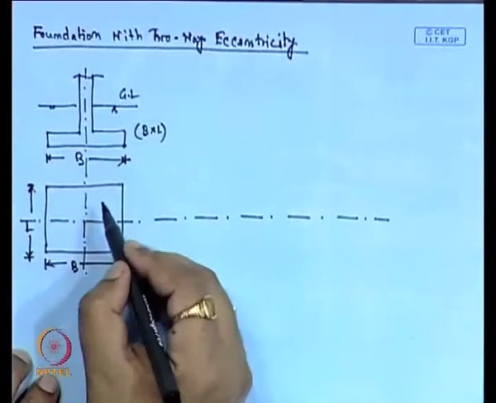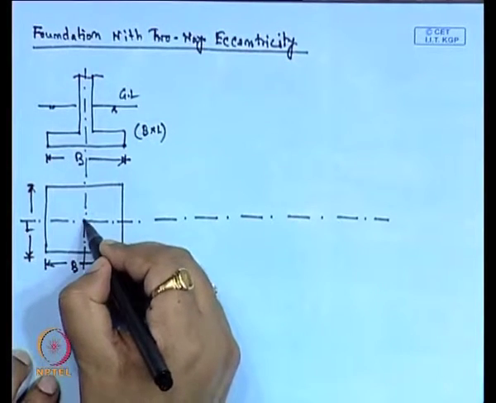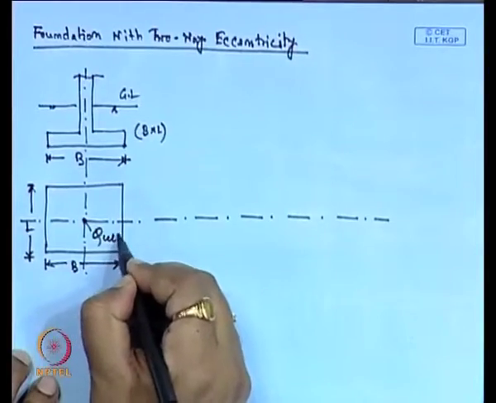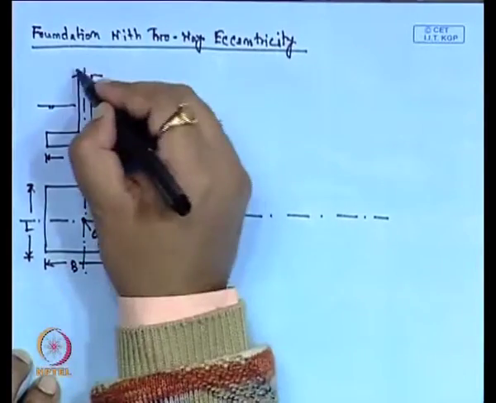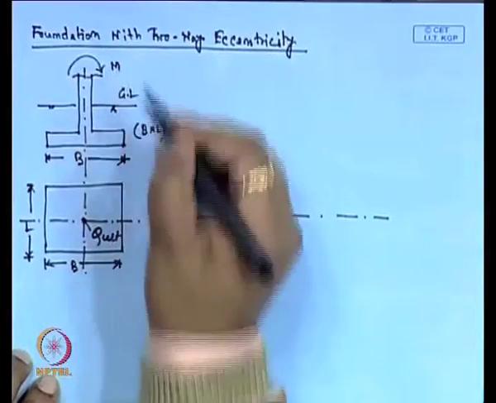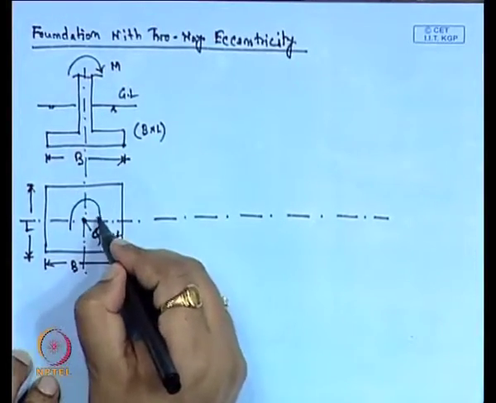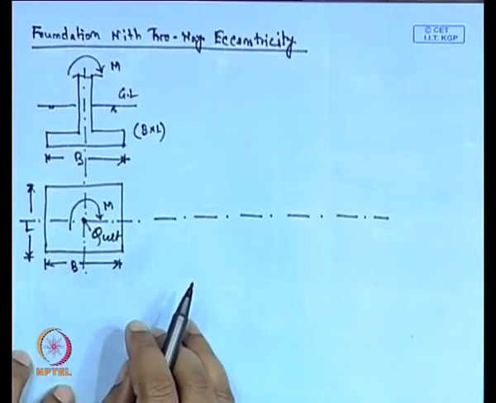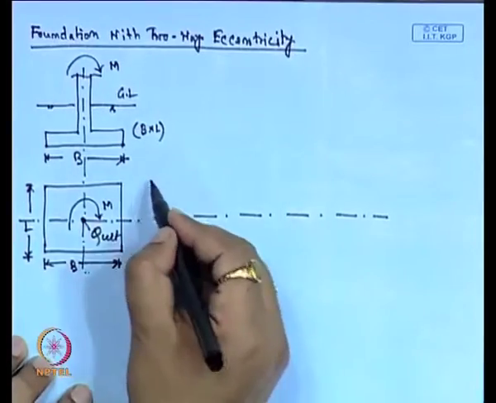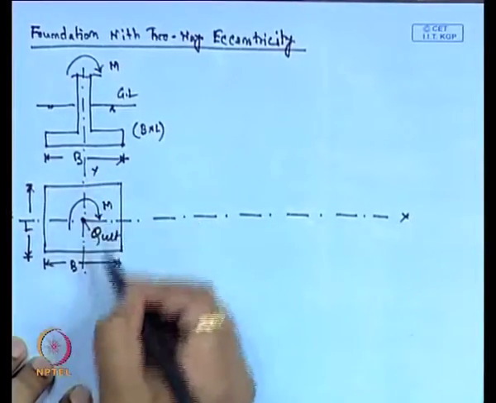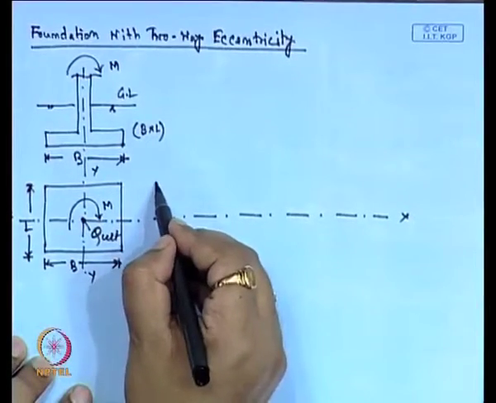Now, if Q is applied here, so this is Q ultimate, and one moment is applied here like the one way. So, this is one way eccentricity. Now, suppose this is the x and this is the y section.